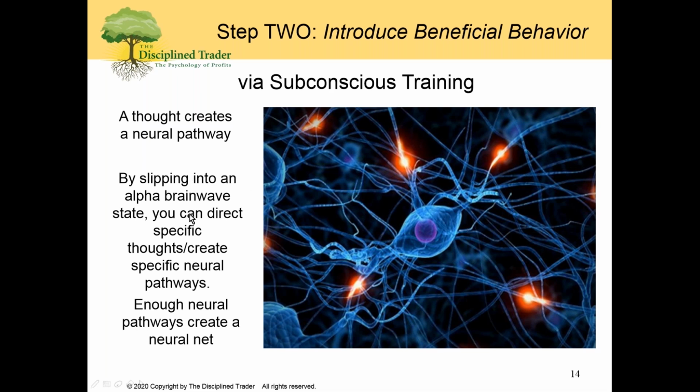So by slipping into an alpha brainwave state, you can direct specific thoughts, create specific neural pathways, and create enough neural pathways to create a neural net. That's what you want to do, and that's what we do for you.